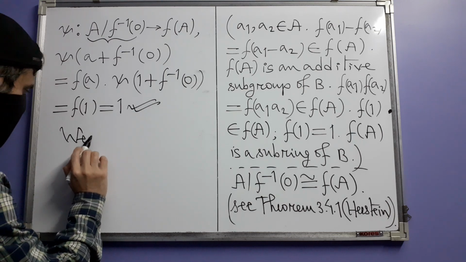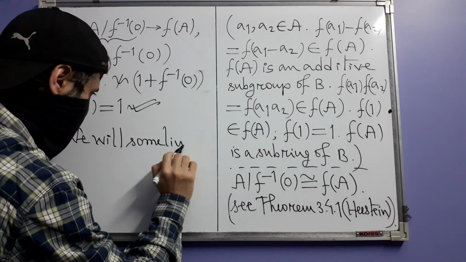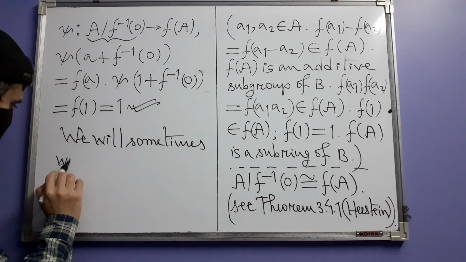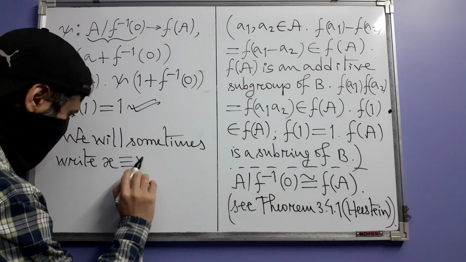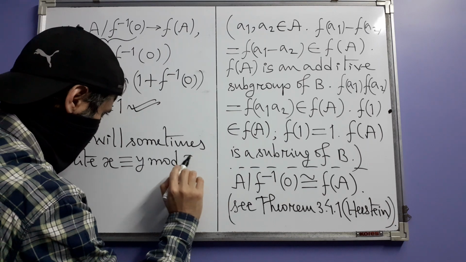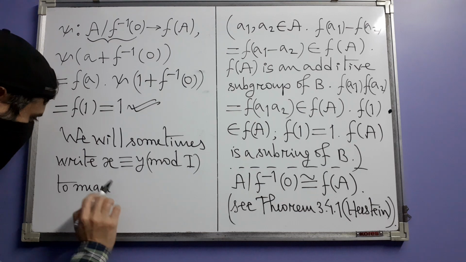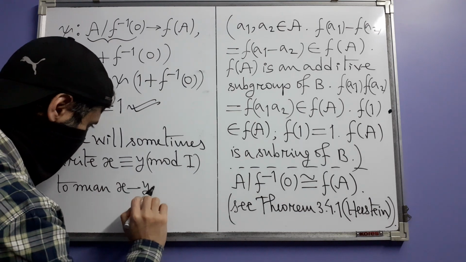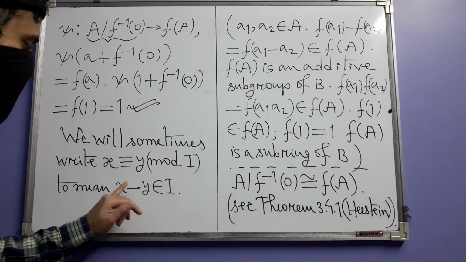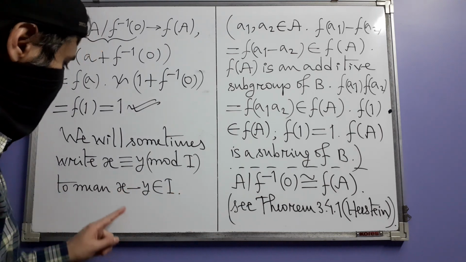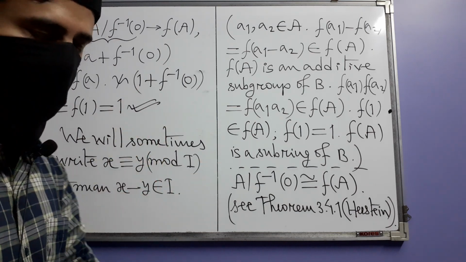We will sometimes write x congruent to y modulo I to mean that x minus y belongs to I. You understand that in this context, I is an ideal and x and y are elements coming from that ring in which I is an ideal.